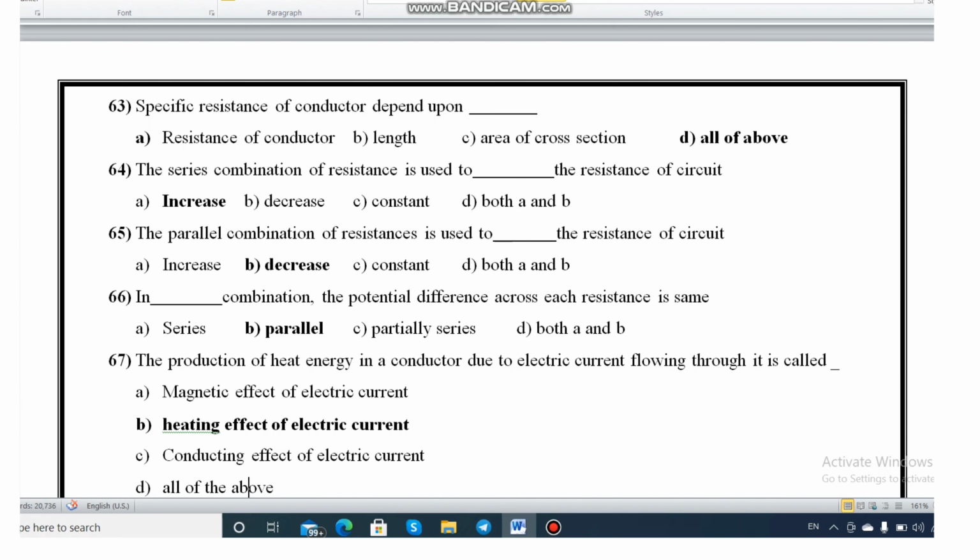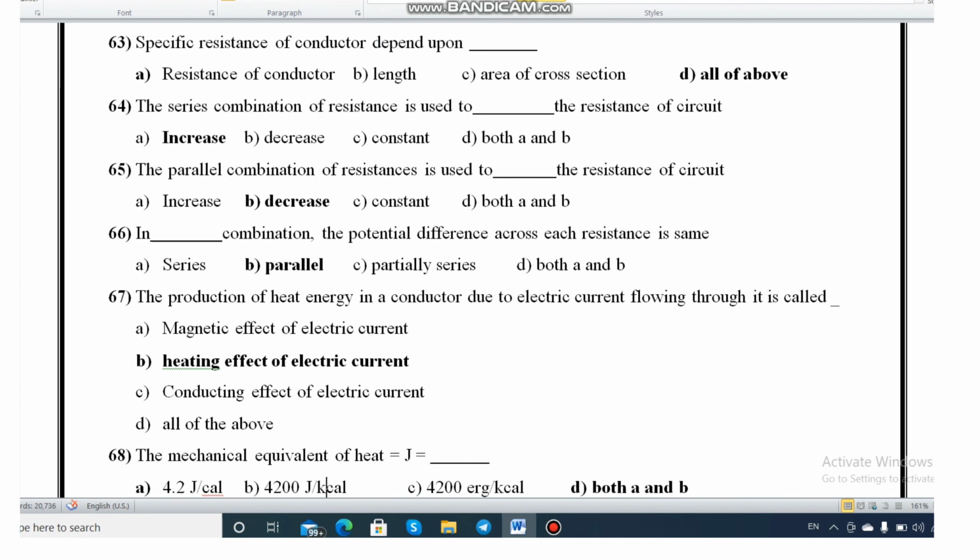The series combination of resistance is used to increase the resistance of a circuit. The parallel combination of resistance is used to decrease the resistance of a circuit. In parallel combination, the potential difference across each resistance is the same. Question number 67.